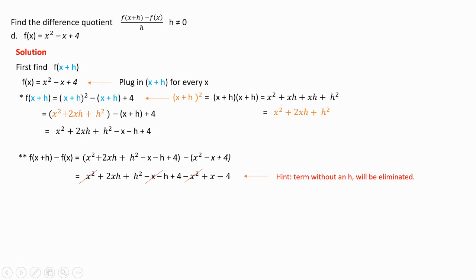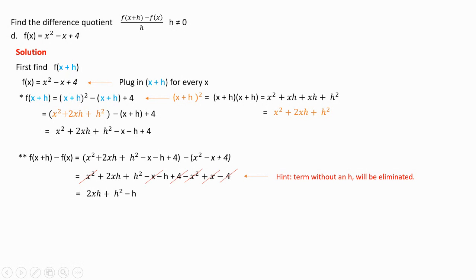No, it doesn't, so there's going to be a positive x somewhere, which is over here. Those cancel. Does the negative h have an h? Yes, so it stays. There's no other h that you can combine it with. That's why I know that every term that doesn't have an h has to go. Does the 4 have an h? No, so it's over here. So these two also cancel. So what's left is 2xh plus h squared minus h, the answer for the second part.